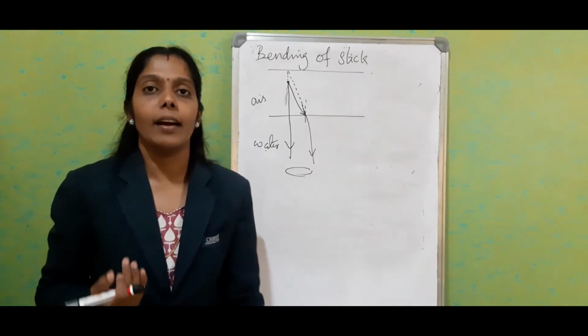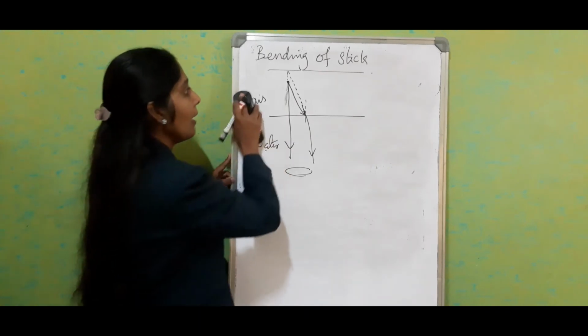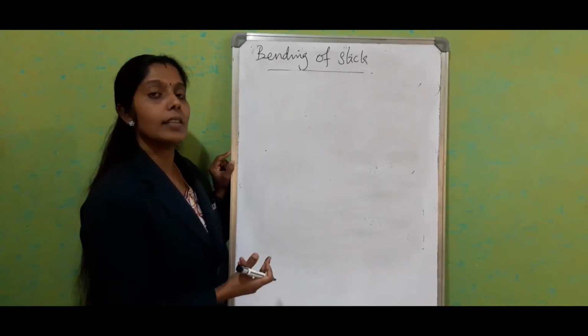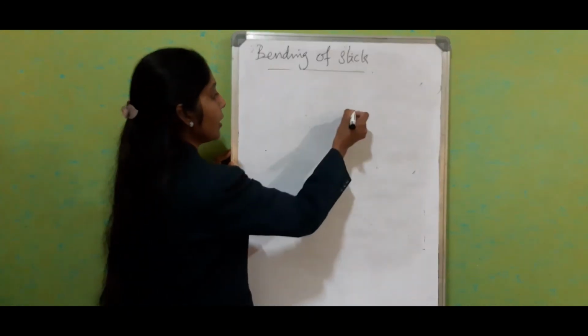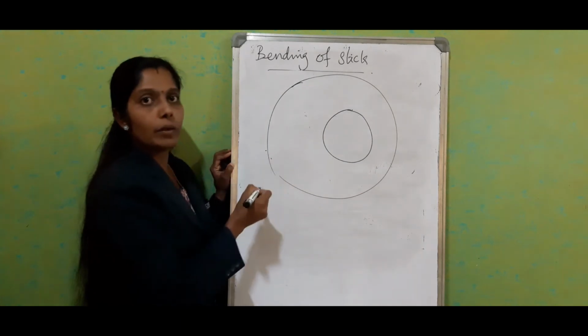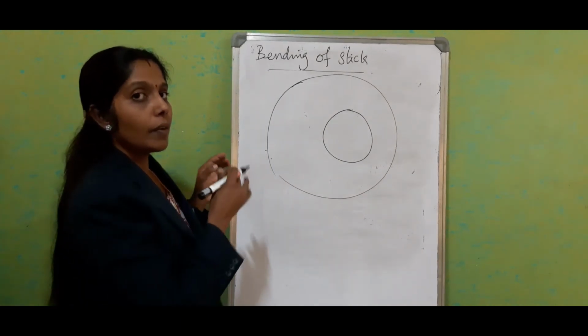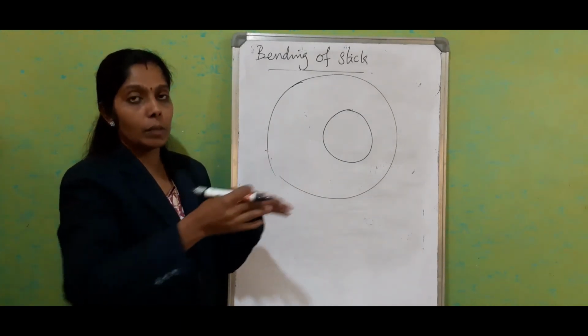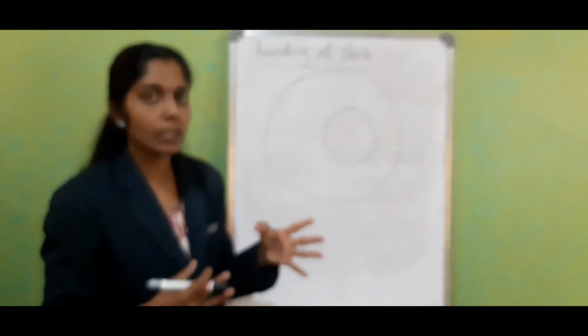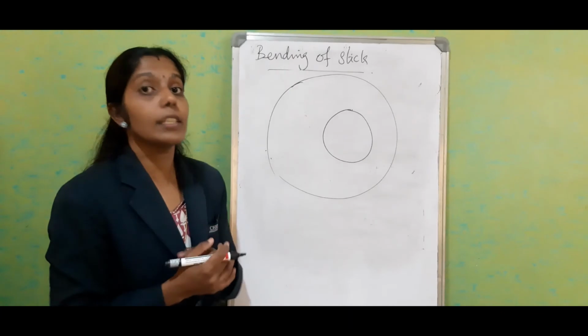You know the early sunrise and late sunset. How does this happen? Early sunrise and late sunset is due to the refraction of light. Just imagine this is the earth and we have an atmosphere, different layers of atmosphere. When light travels from vacuum to atmosphere, there is a change in the refraction, or the density of the medium.